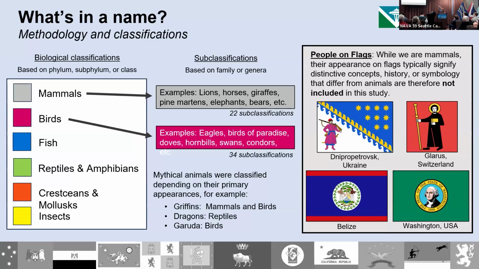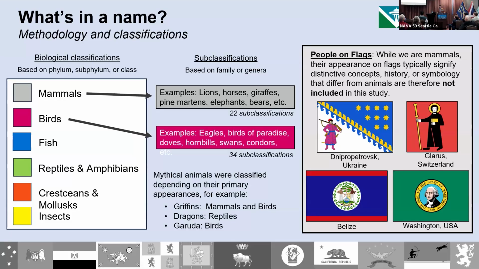Mammals I broke into 22 subgroupings, like lions, bears, elephants. And then birds I broke into 34 classifications, like eagles, birds of paradise, doves, so on and so forth. I also tried my best to classify mythical animals, which obviously you could argue with me, and I don't have a strong stance on it, but I tried my best for the sake of classification.